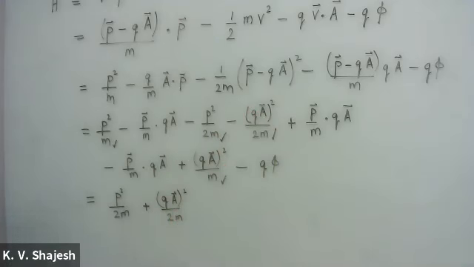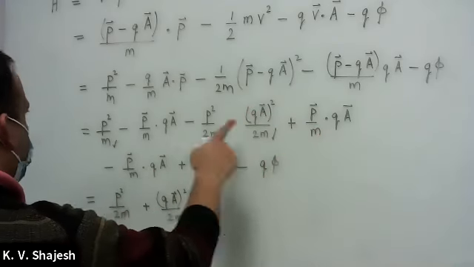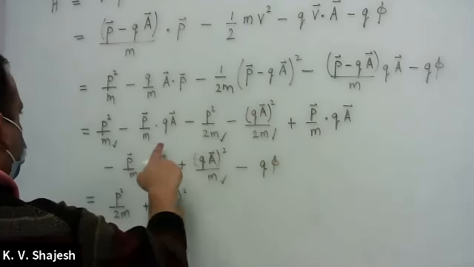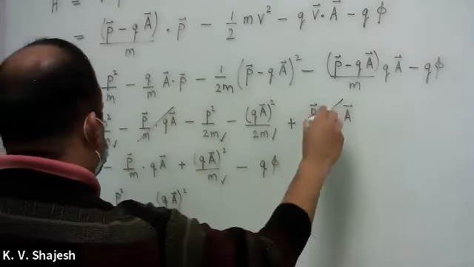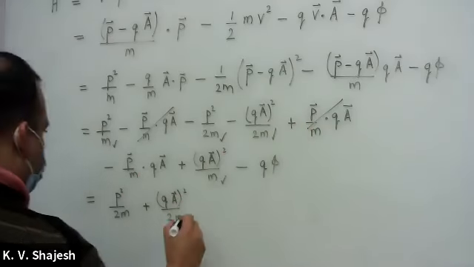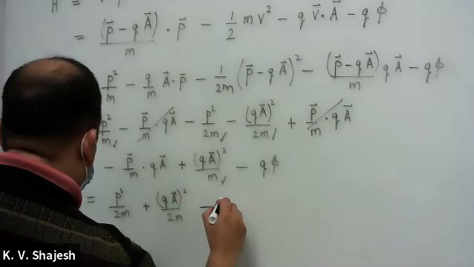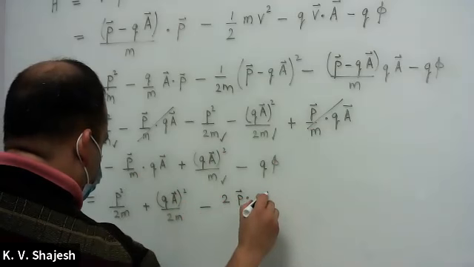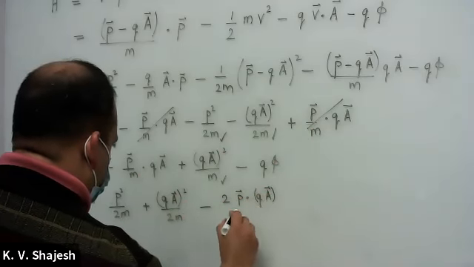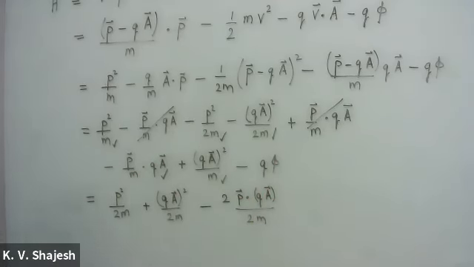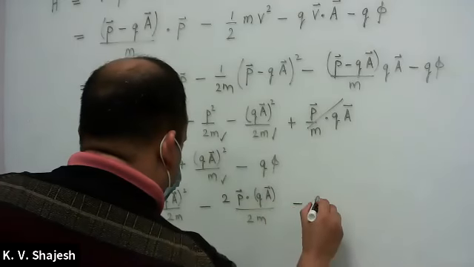And then let me collect the cross terms, p and q, so these two cancel out. These two cancel out. And there is another one of them down here, which can be written as 2 times p dotted with q times a over 2m. That's this term. And I've collected most of the terms except minus q phi.